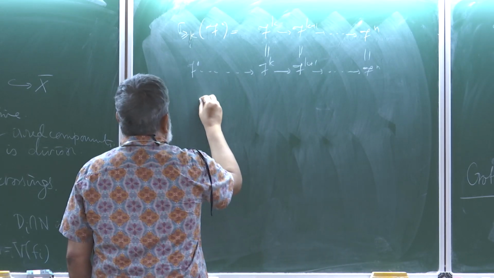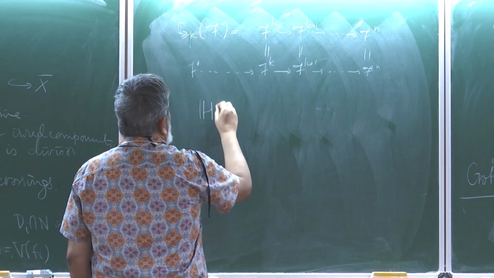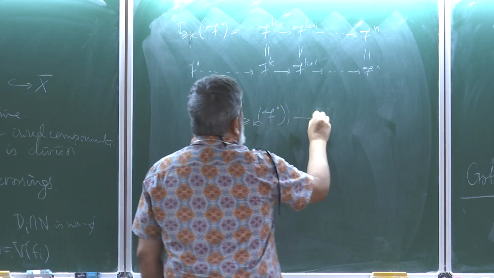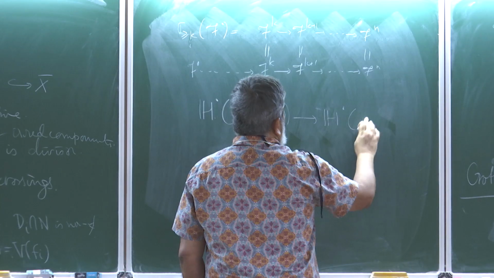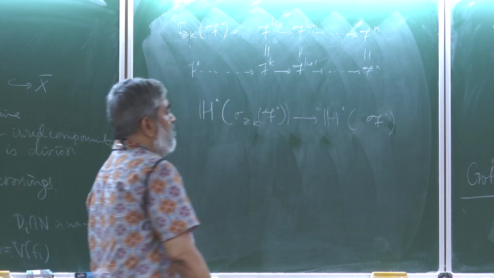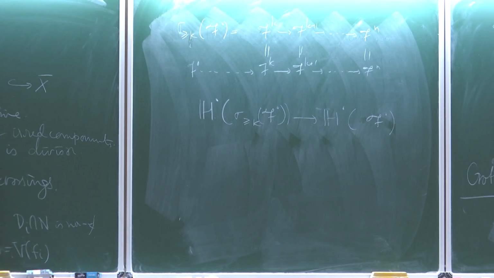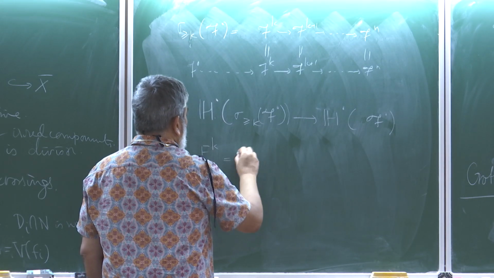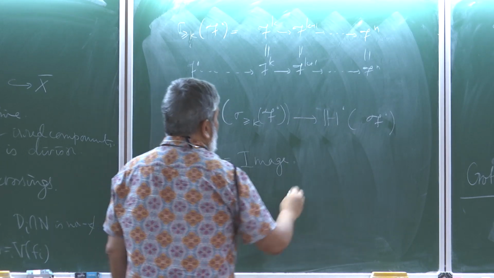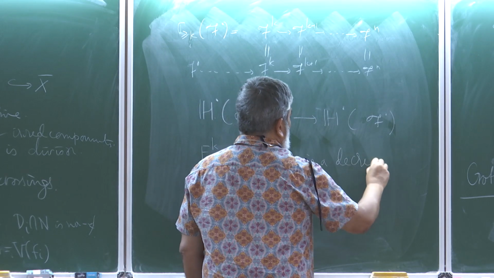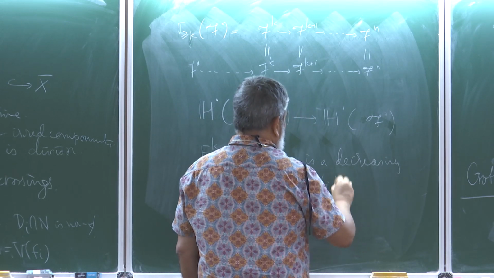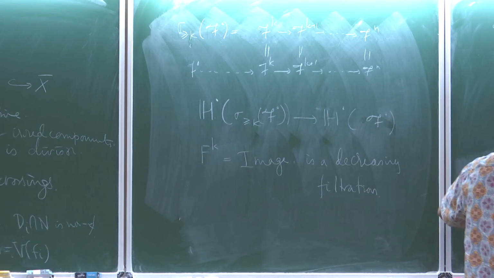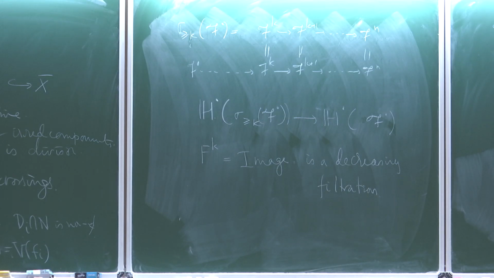And so there exists a map from H dot of sigma greater than or equal to k of F dot to H dot of F dot. And therefore that gives a filtration.